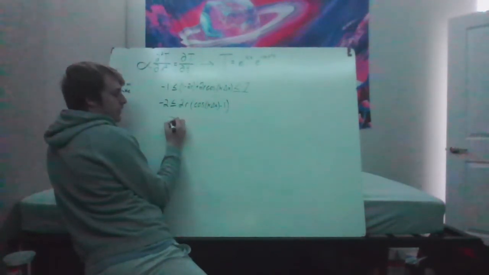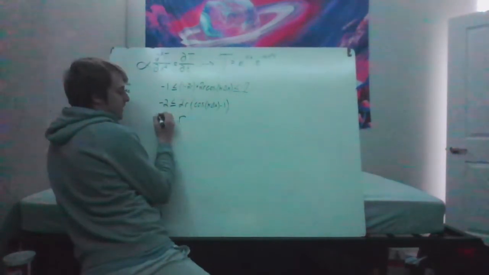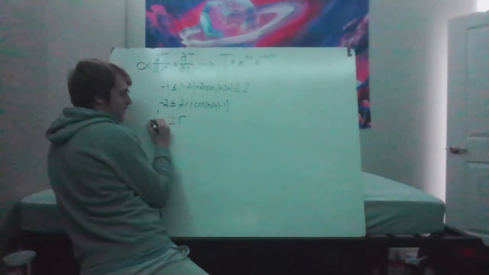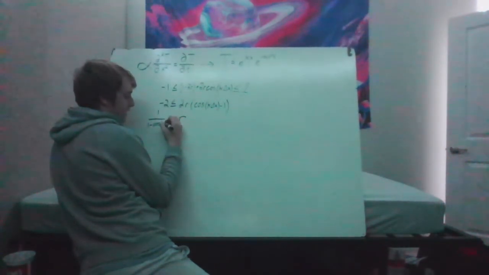So it'll be like that, and then r by itself on this side, and then we have 1 over 1 minus cosine k delta x.